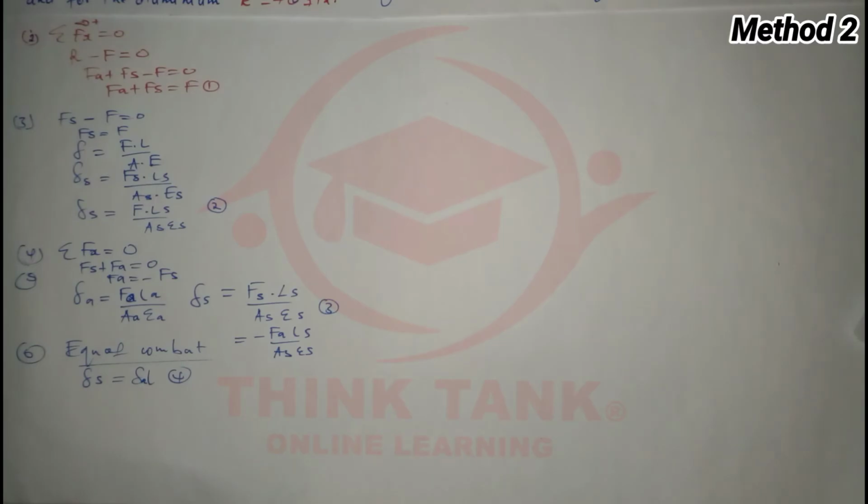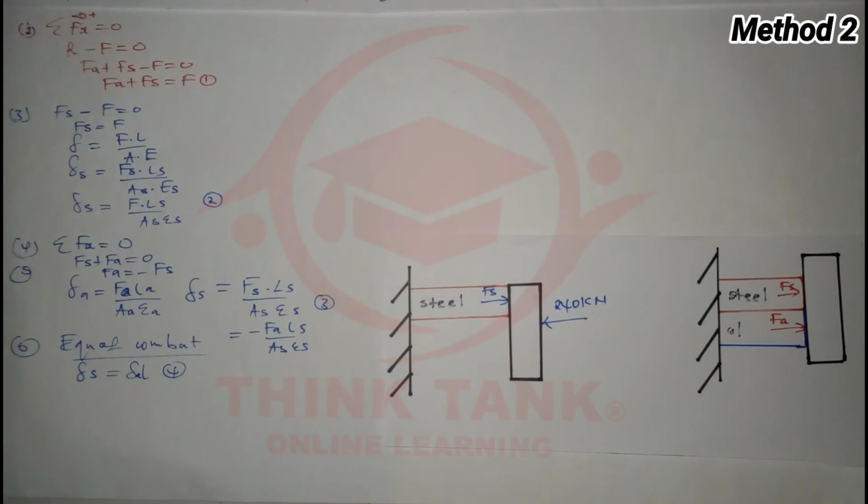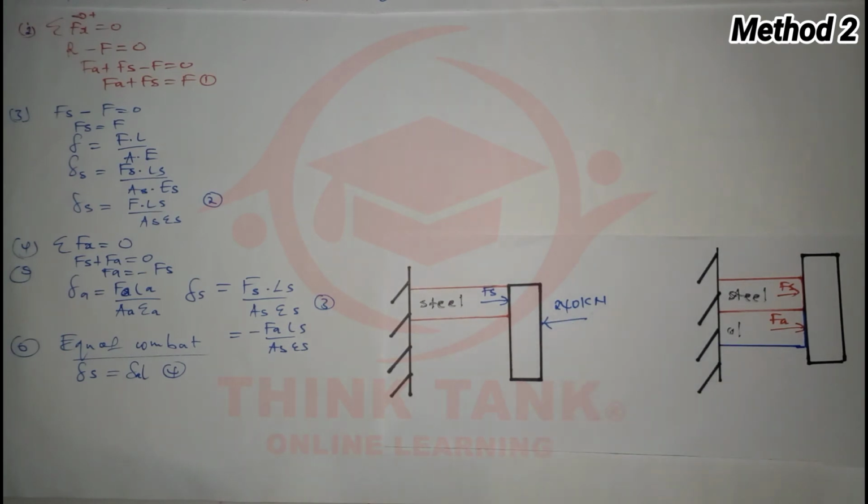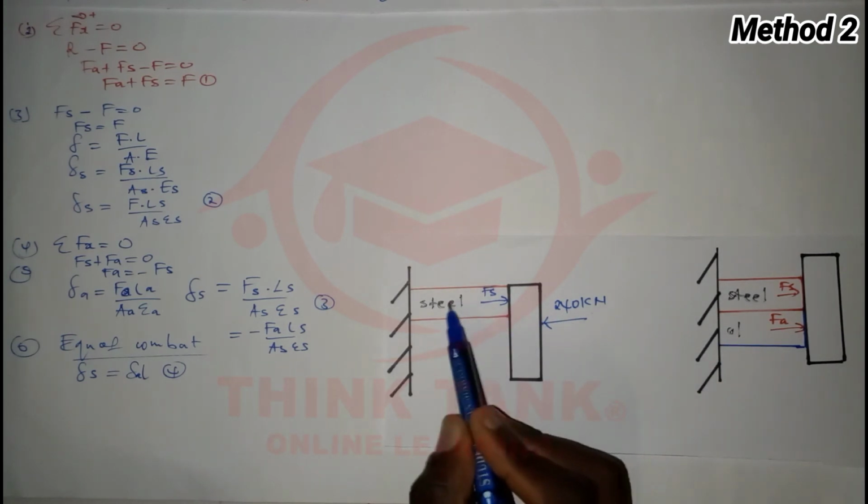Okay, so from the equation of compatibility, let's look at what is going to happen here. You have to be careful again. Why? Because we're going to use a force displacement relation right here. We know the 240 kilonewtons is going to compress the steel, right?